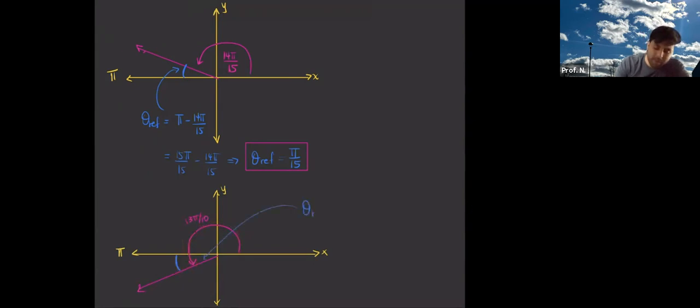So the reference angle here in this case would be 13 pi over 10 minus pi. To do that, I do 13 pi over 10 minus 10 pi over 10. And that gives me 3 pi over 10. That's going to be the reference angle.